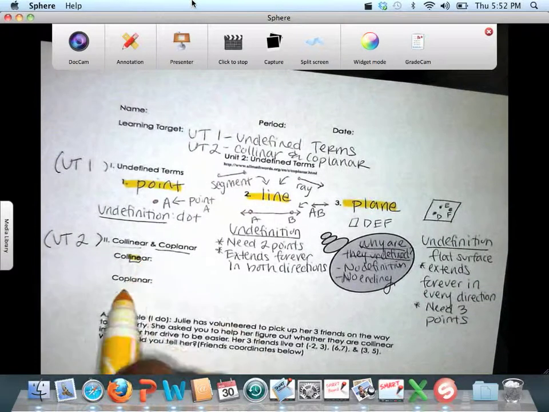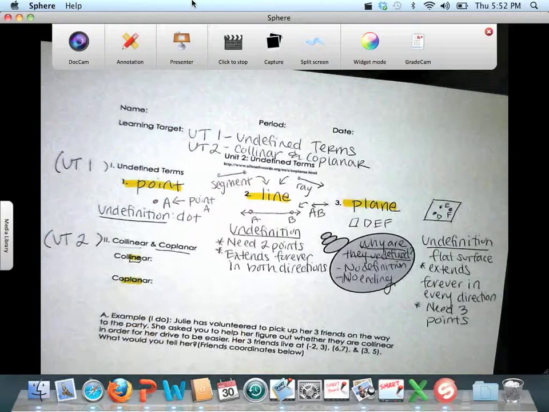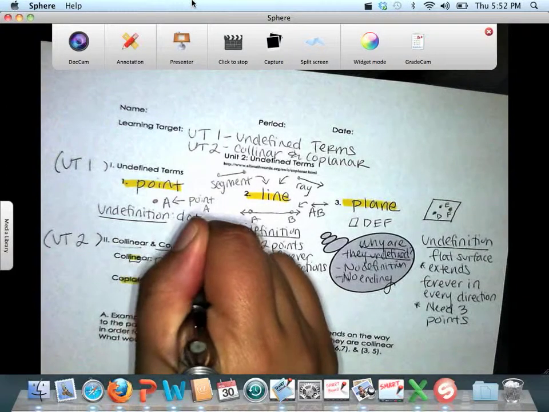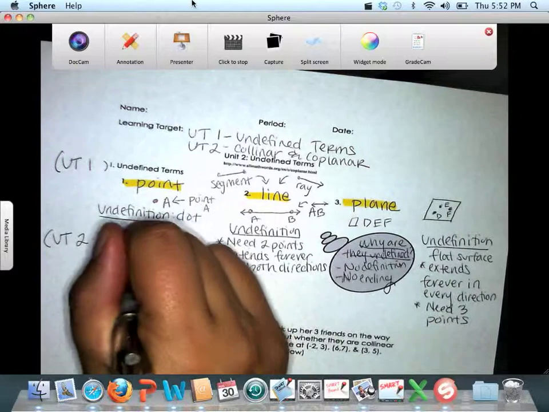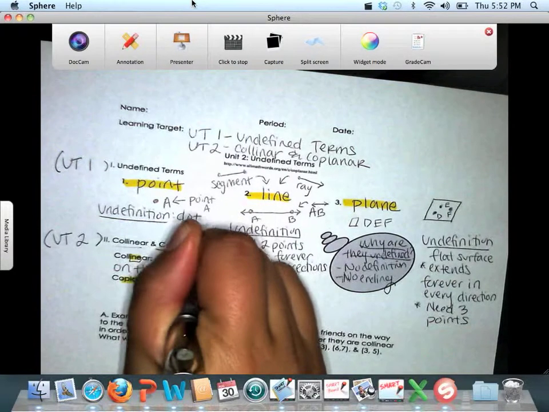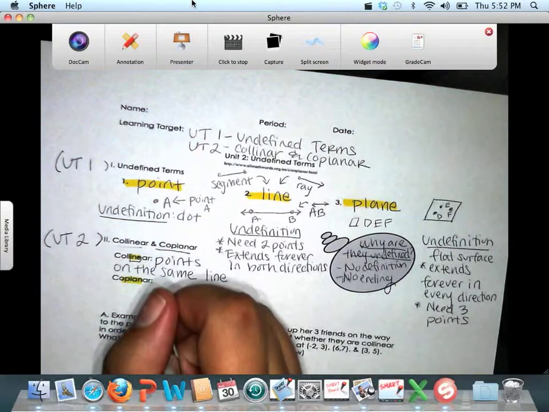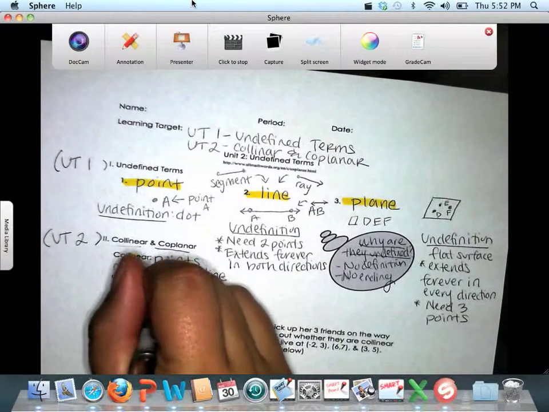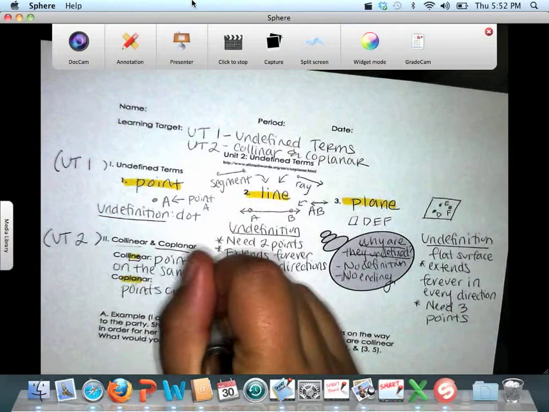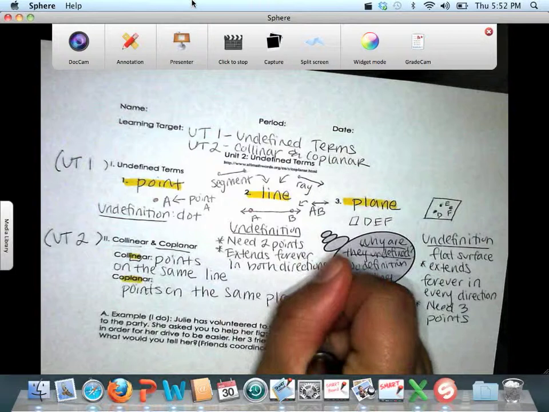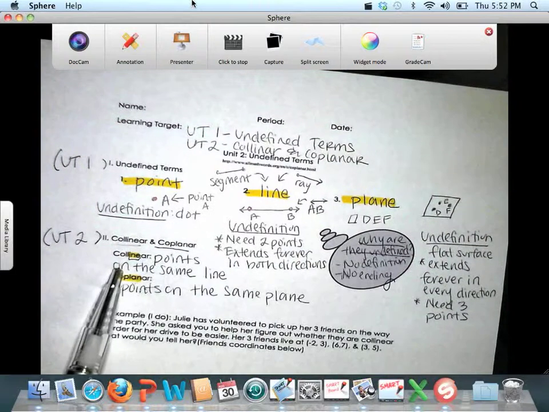Just like coplanar has that word plane in it, and that's very important to remember because collinear are points on the same line. Okay? Coplanar are points on the same plane.